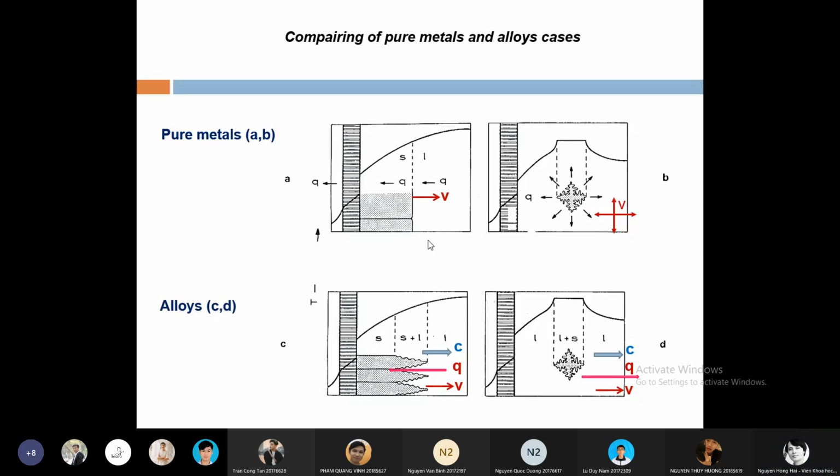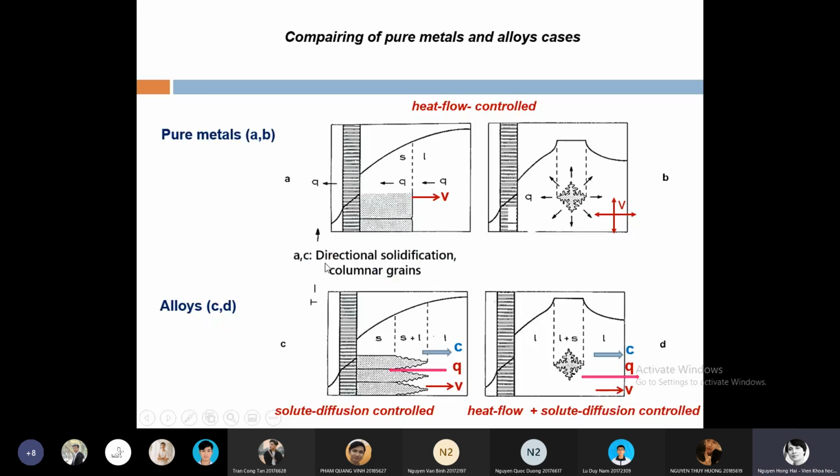If you compare the cases, this one is heat flow control in the case of the pure metal. In this case, the solute diffusion control. In this case, heat flow plus solute diffusion, most complicated.